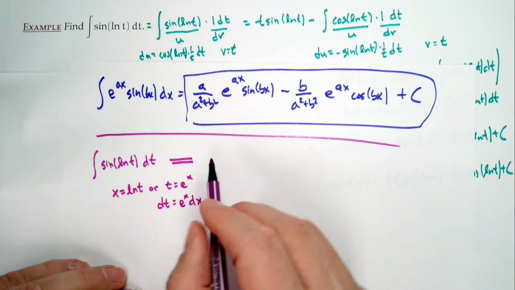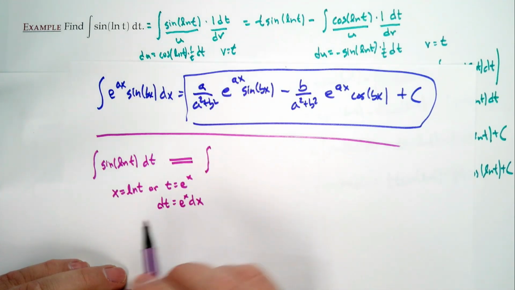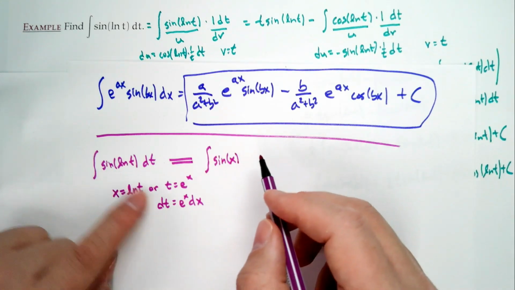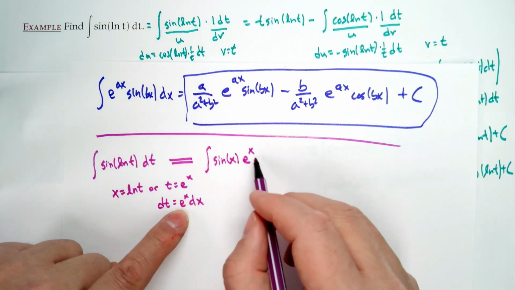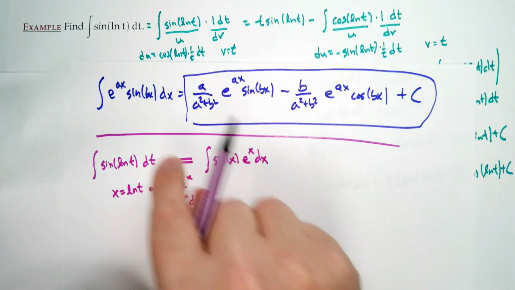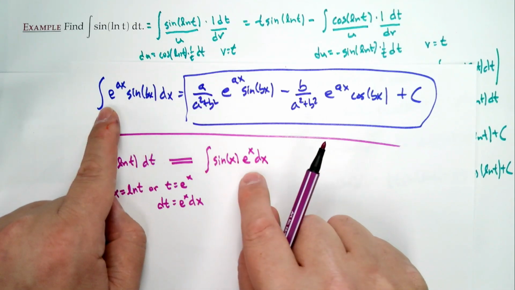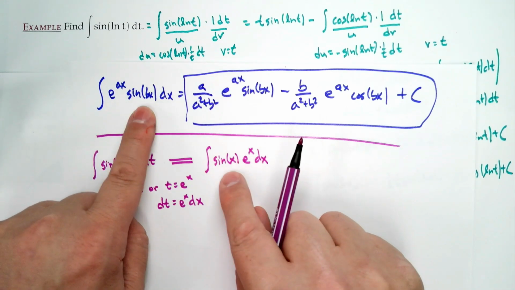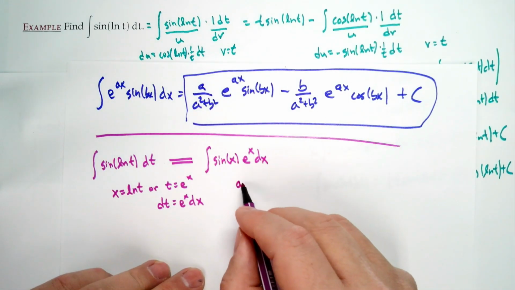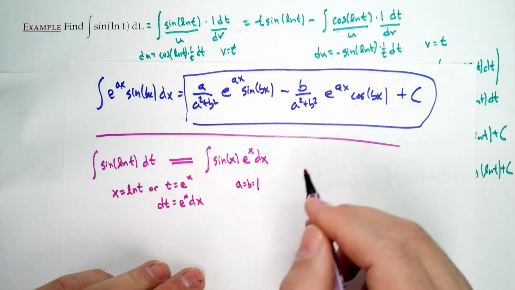So this is equal to the integral sine of x times e to the x dx. Now look at it. Other than the order, it's e to the ax sine of bx. So here, this is where we have a and b is 1.